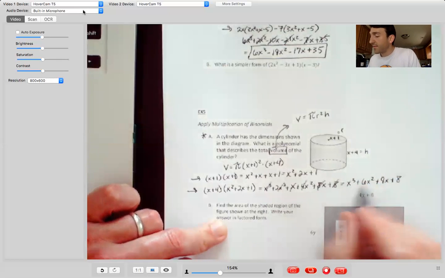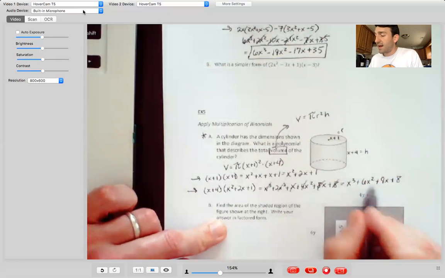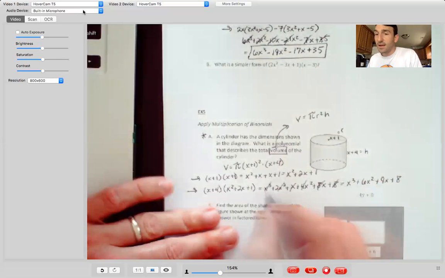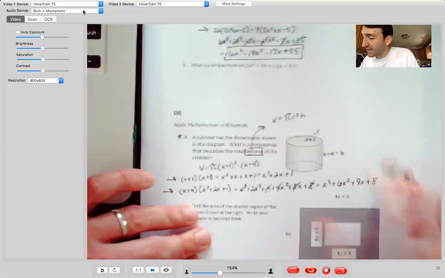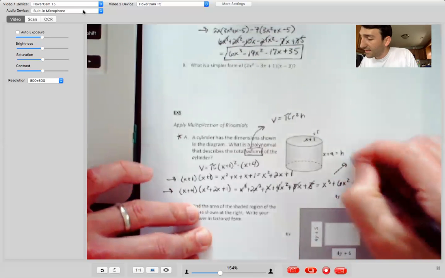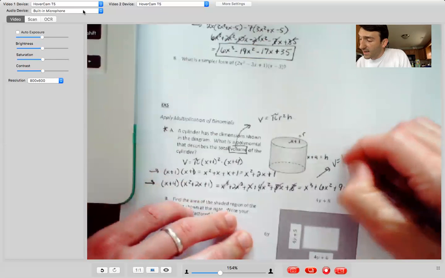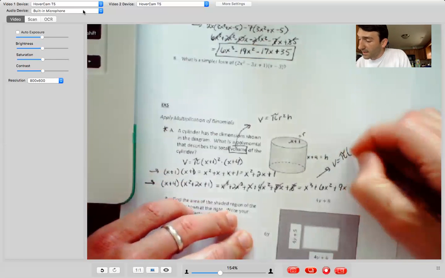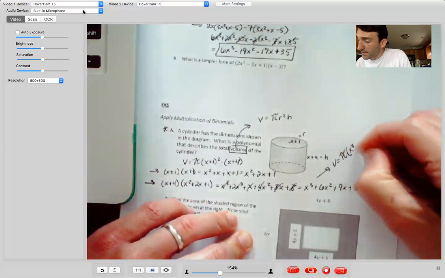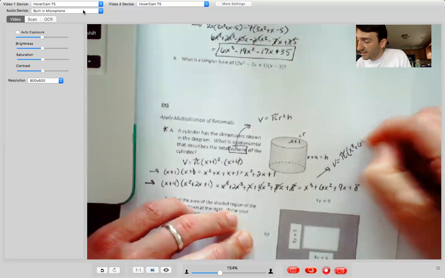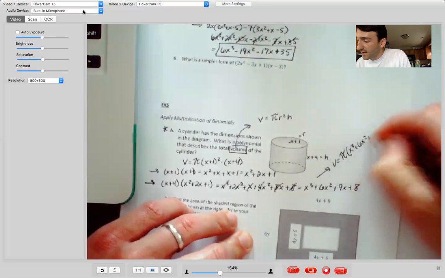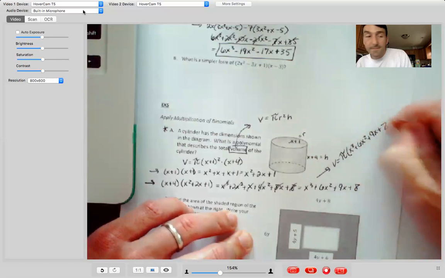So basically, our volume is going to be this times pi. I'm going to make it look nice and pretty, where I have a little bit of space. So final answer, volume equals pi times the quantity x cubed plus 6x squared plus 9x plus 8.